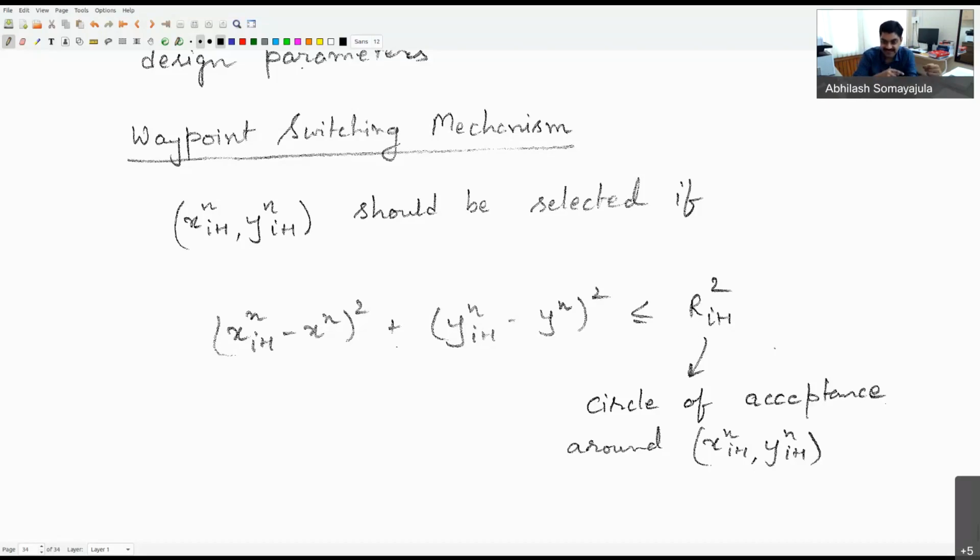But that heading itself is being closed by an outside loop where we make sure that the heading is given in such a way that I start tracking the path between two waypoints.